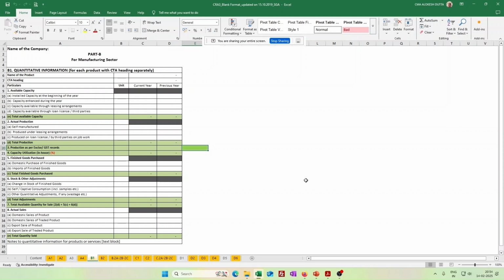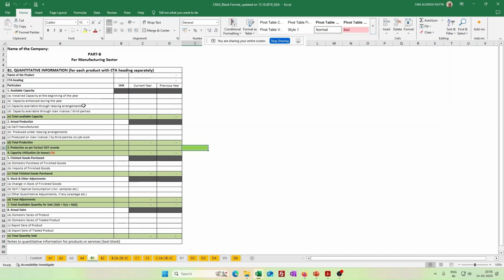Actual production and adjustment of finished goods purchase and stock adjustment, and quantity available for selling and actual sales. The quantity available for sales and actual sales must tally, because you have already adjusted the closing stock and opening stock difference here. So this is quantitative data from the management, recorded data, reported data.